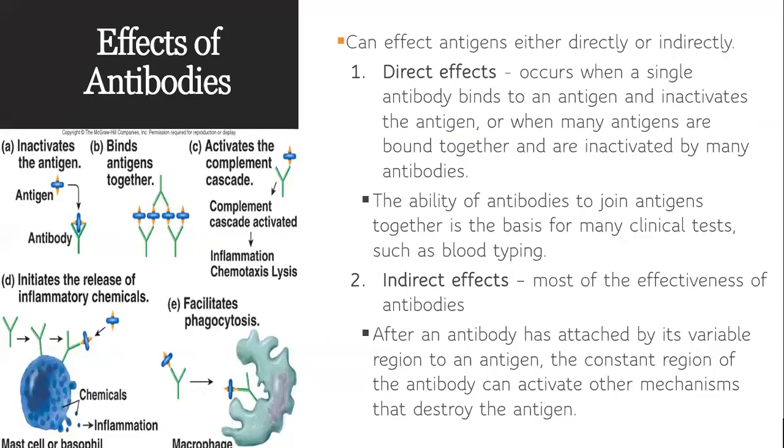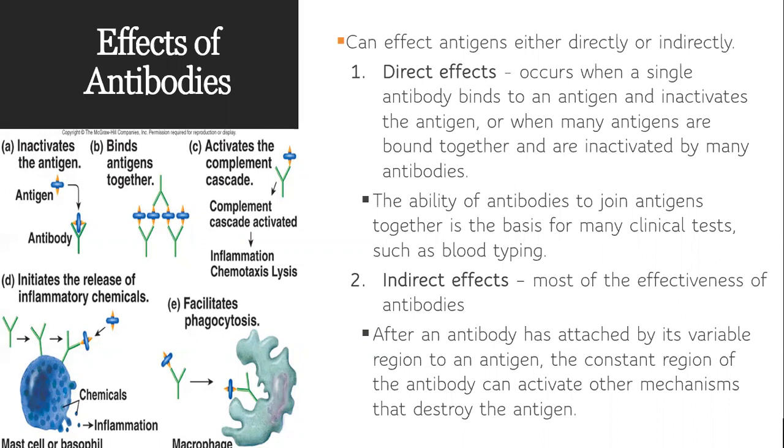So what are the effects of antibodies? It has two effects: direct or indirect. Direct effects occur when a single antibody binds to an antigen and inactivates it, or when many antigens are bound together and inactivated by many antibodies.